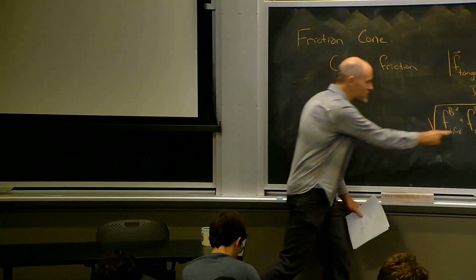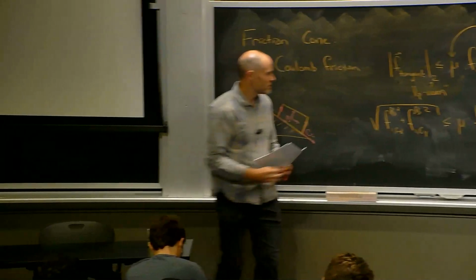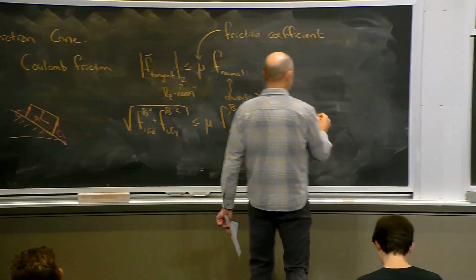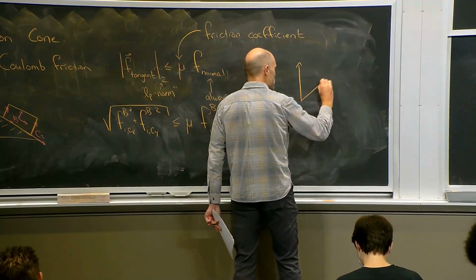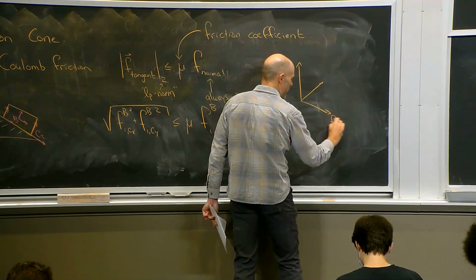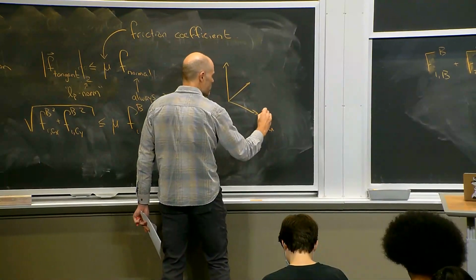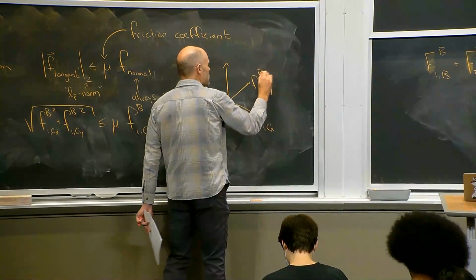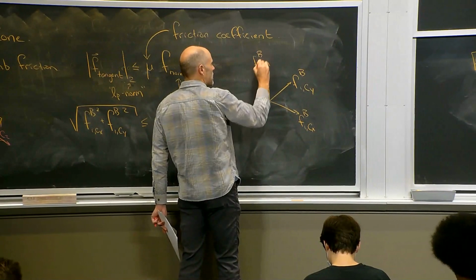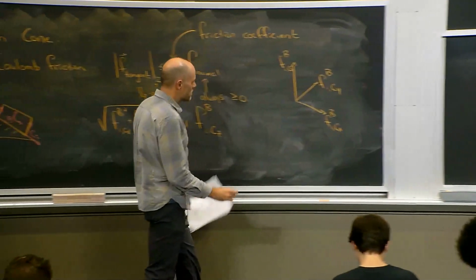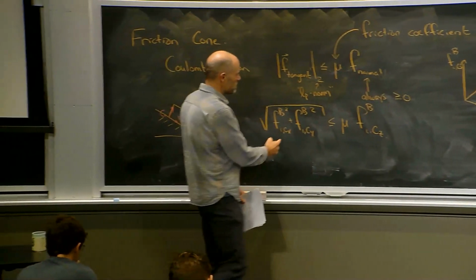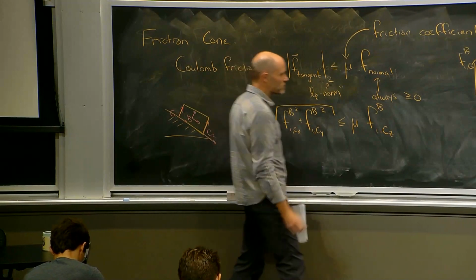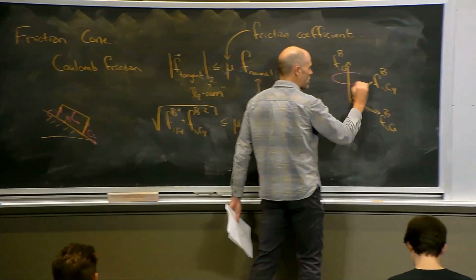Okay, so the geometry of this thing is the geometry of a cone. If I were to draw f of I cx, f of I cy, f of I cz here, then the elements of that three-dimensional vector that satisfy this constraint live inside a cone.